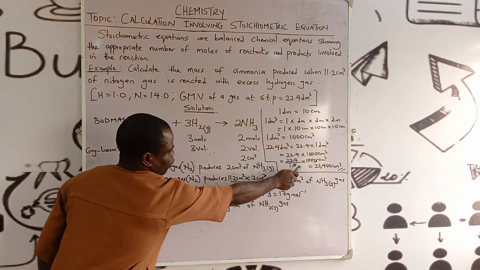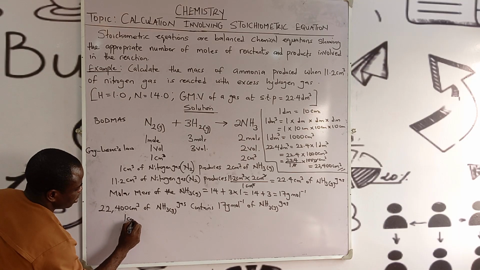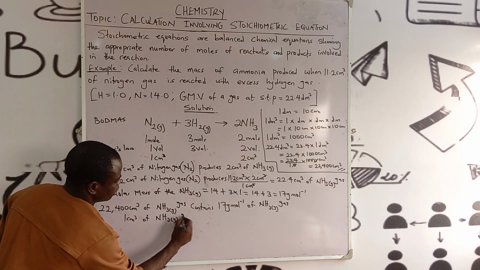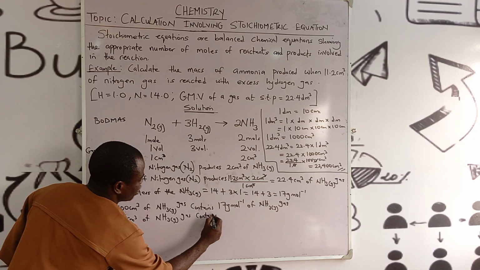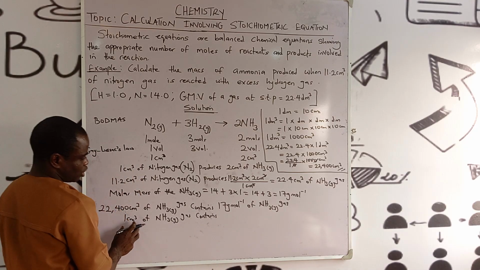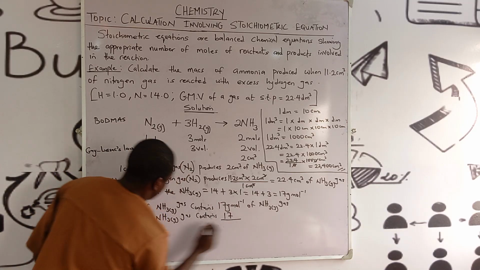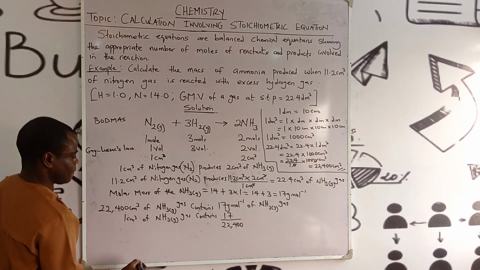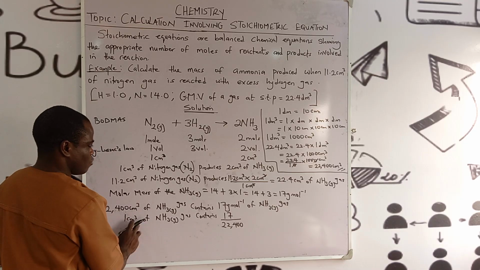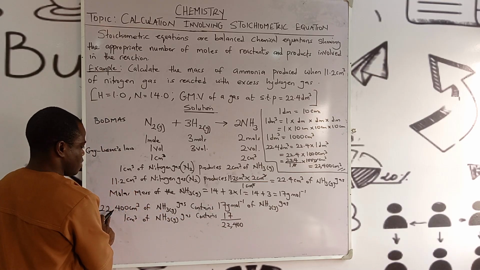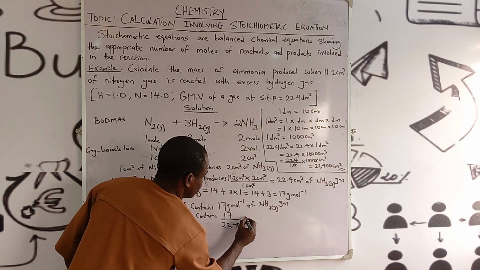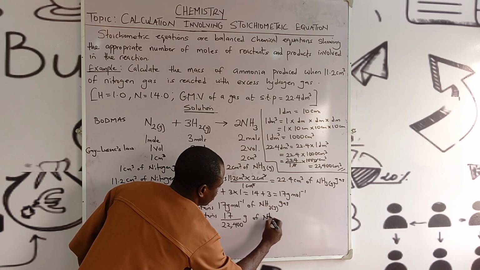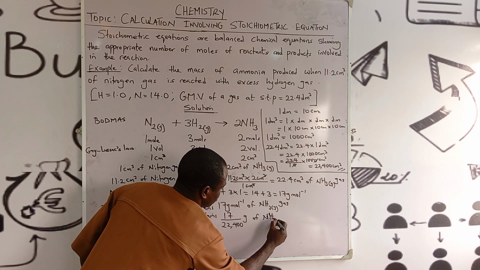Now before you relate this, let's know what 1 centimeter cube will be equal to. 1 centimeter cube of ammonia gas, we want to make it standard, contains 1 times 17 divided by 22,400, in gram of ammonia gas.